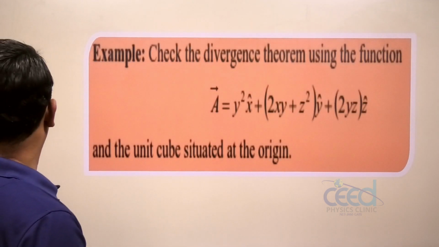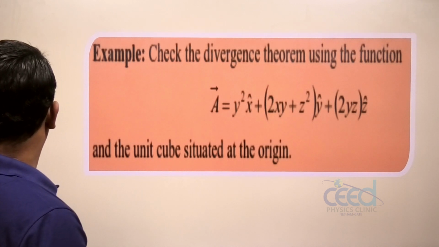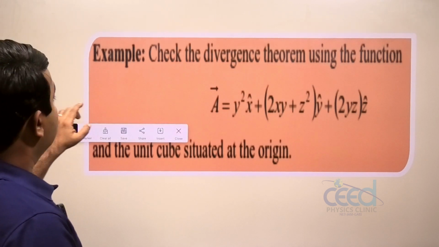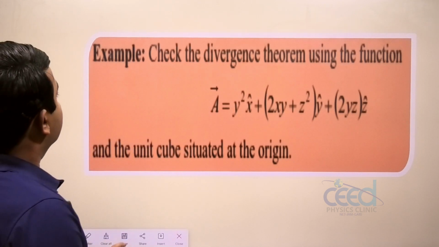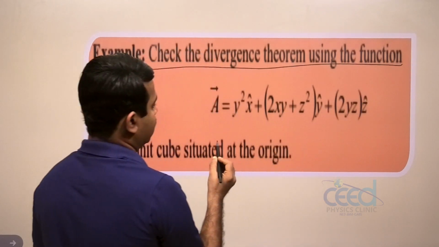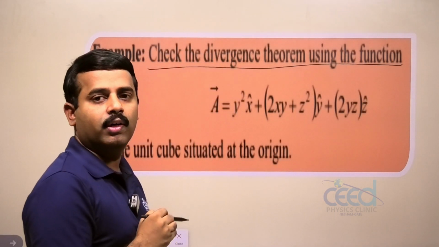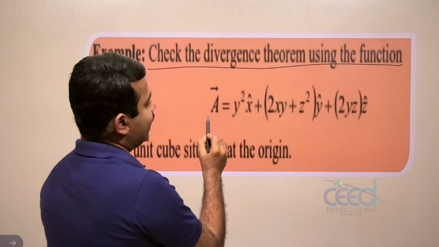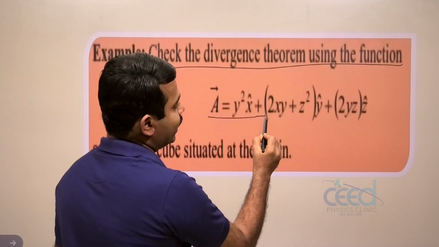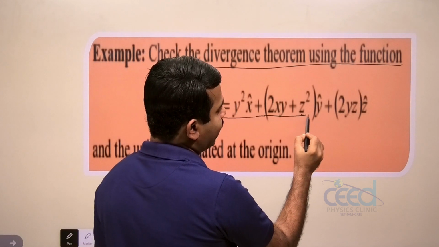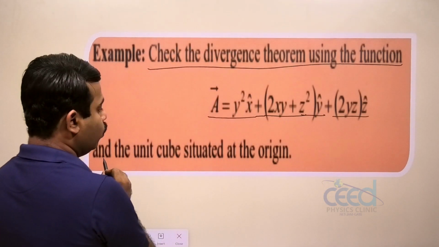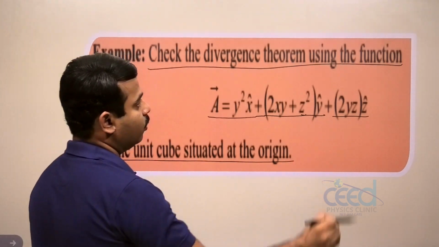Here one problem is given. Check the divergence theorem using the function. Here a vector field is given. What is that vector field? A is equal to y square x cap plus 2xy plus z square of y cap plus 2yz z cap, and the unit cube situated at the origin.